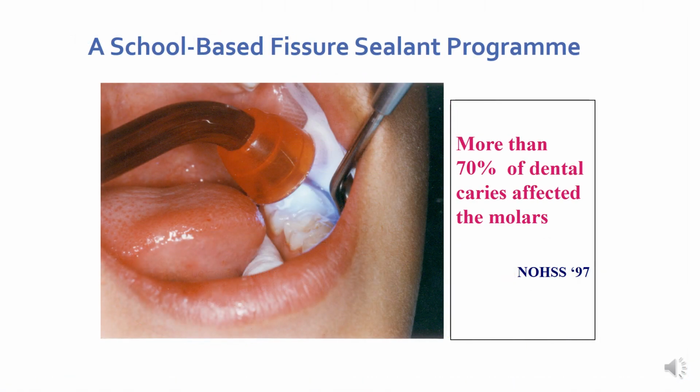Now, the National Oral Health Survey for School Children 1997 reported that more than 70% of dental caries affected the molars. Now, this was one of the reasons why the Oral Health Program, Ministry of Health, started the school-based Fissure Sealant program.